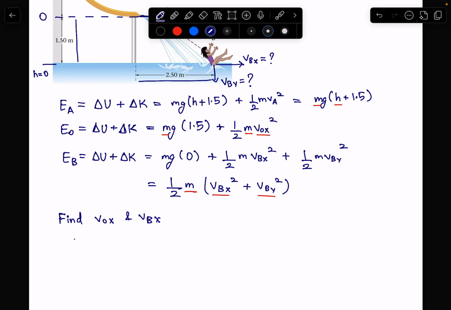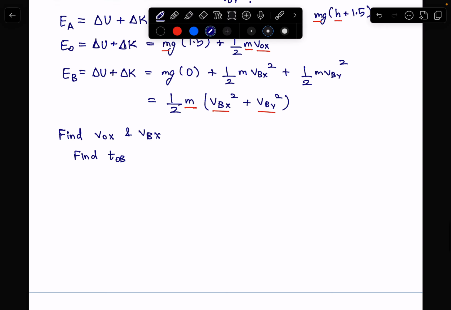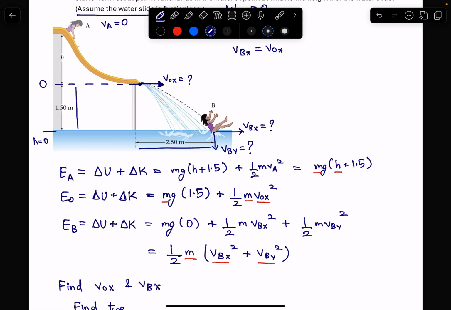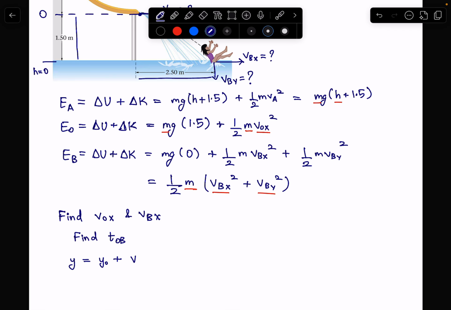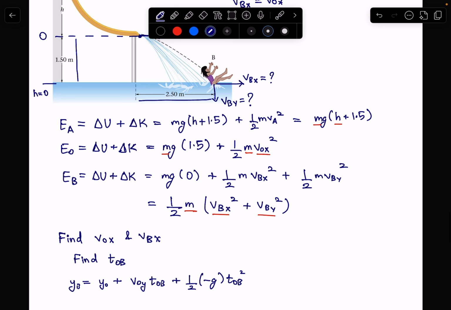So first things first, I'll need to find the time between O and B. So the y distance they fell: y equals y naught plus voy times tOB plus half times negative g tOB squared. All right, what is the y-axis distance of B?